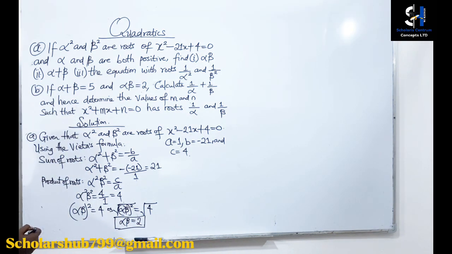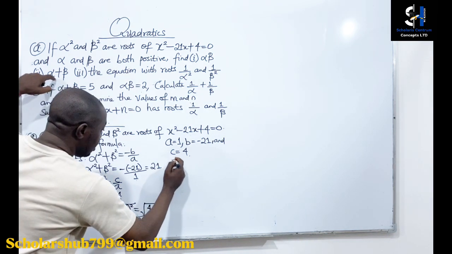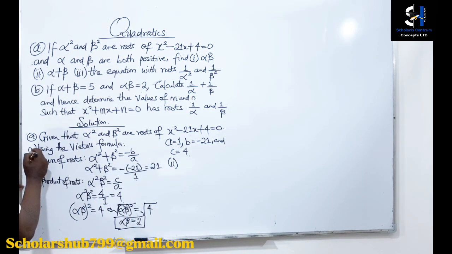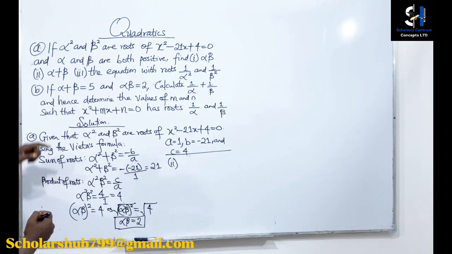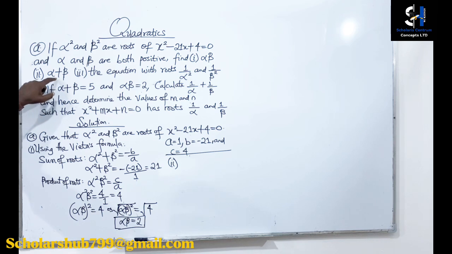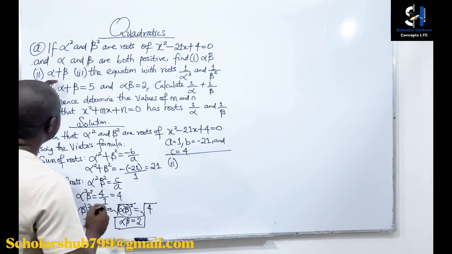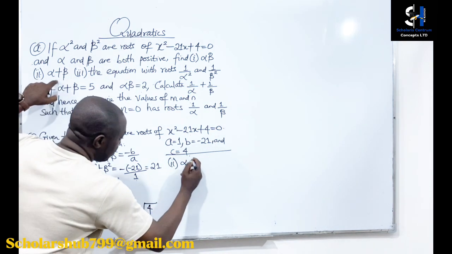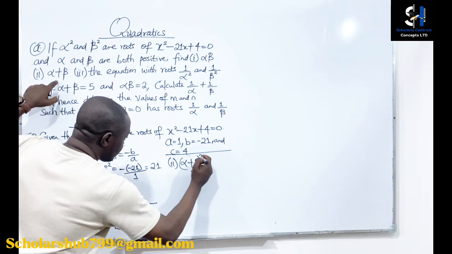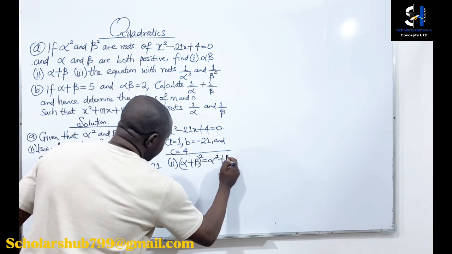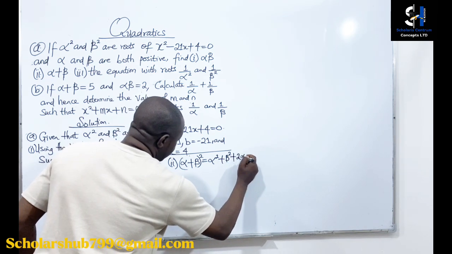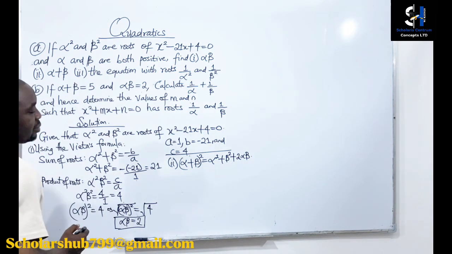Now for Roman numeral 2, we want to obtain the value of alpha plus beta. We know that alpha plus beta squared is equal to alpha squared plus beta squared plus 2 alpha beta.